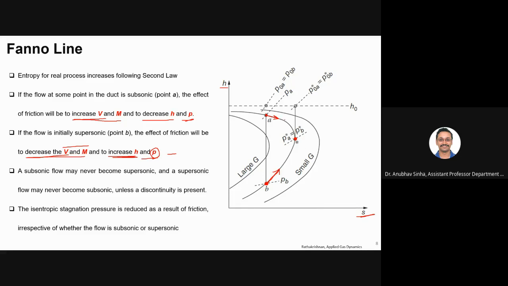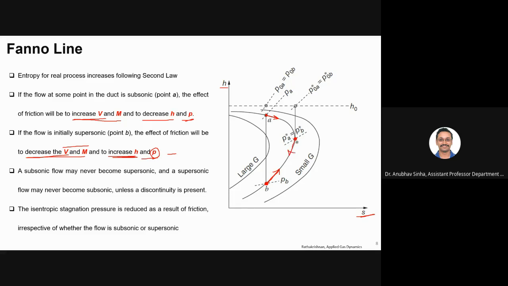So let us say we have a subsonic flow. We went up to here and we reached this point. Now, if I want to go in this direction, is it possible or not possible? Not possible. Why?